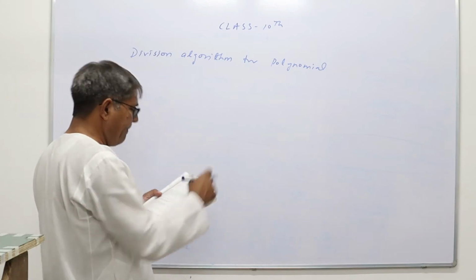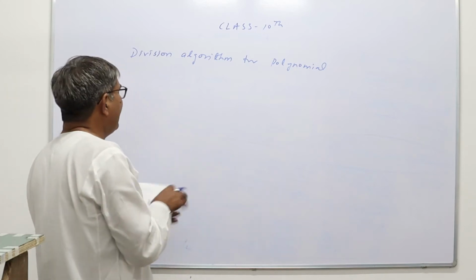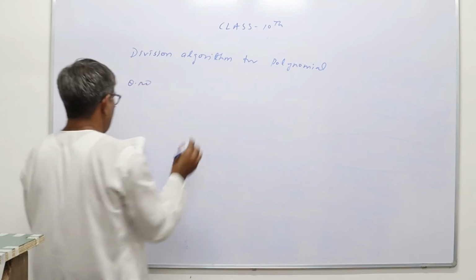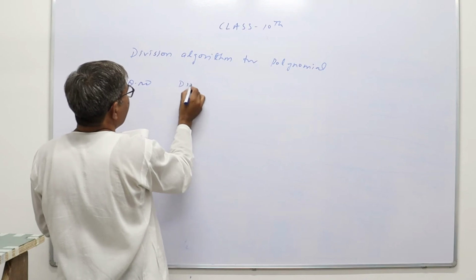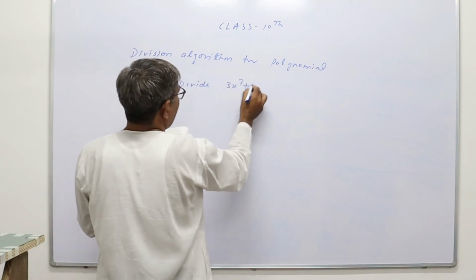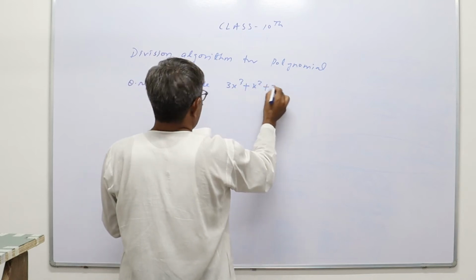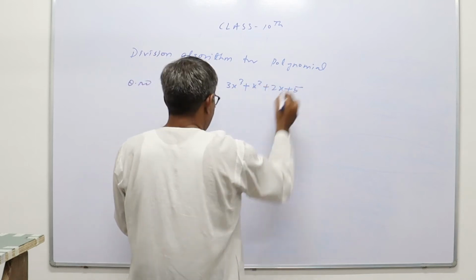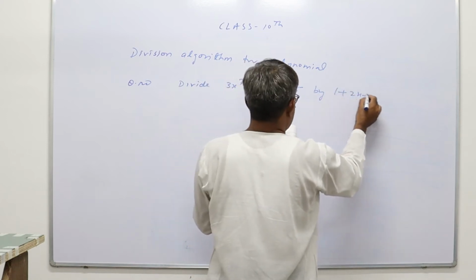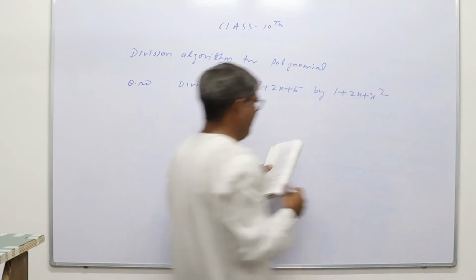Question number 2. Divide 3x cube plus x square plus 2x plus 5 by 1 plus 2x plus x square.